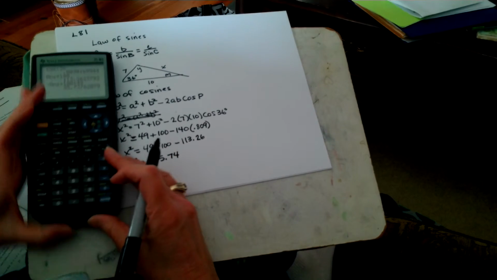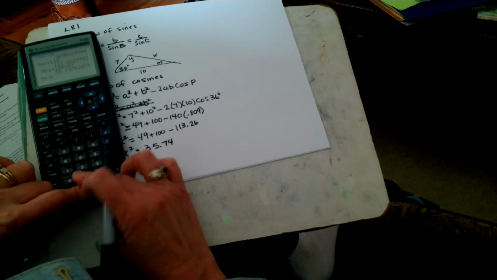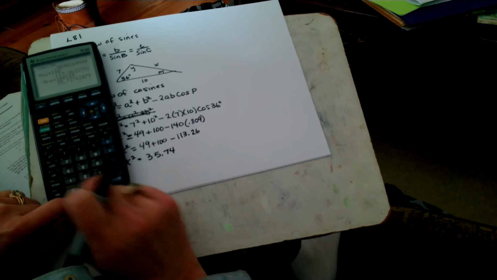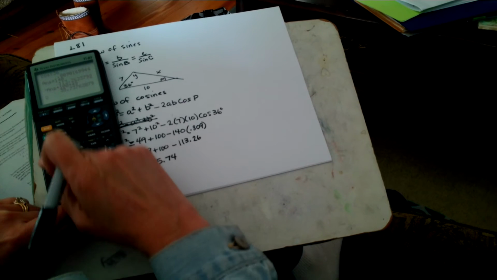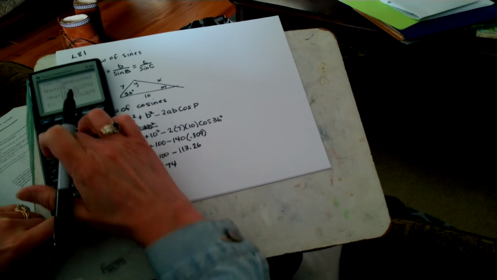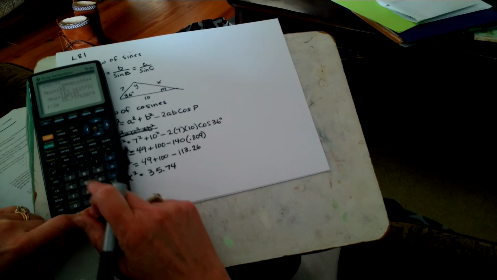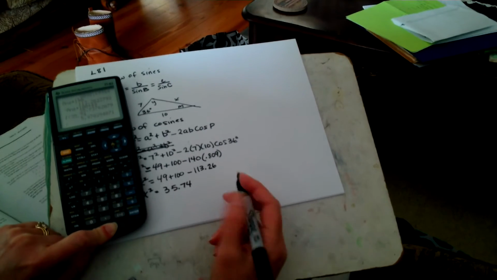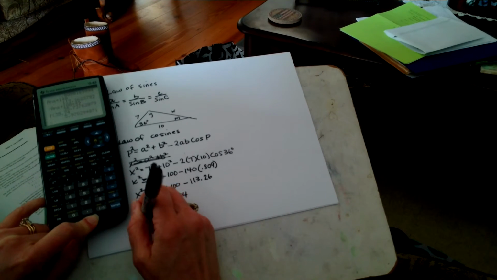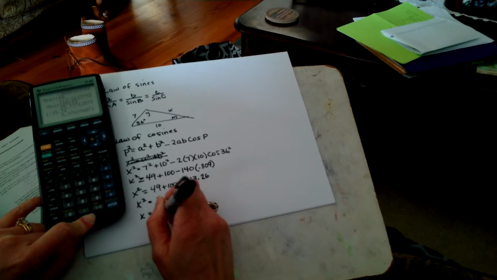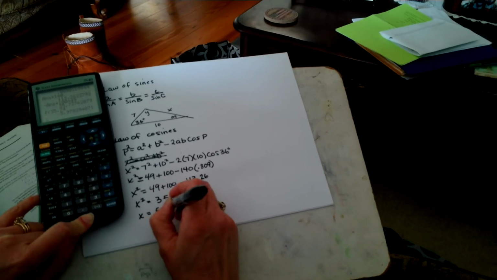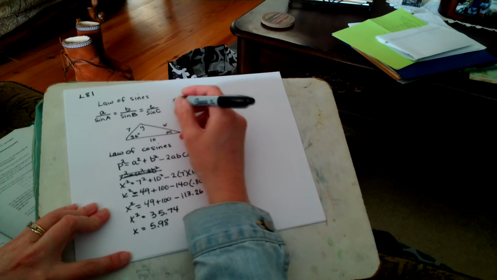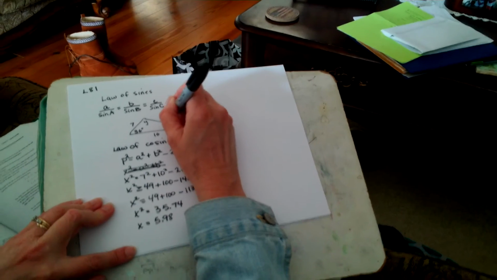So then I hit the second button and then x squared of 35.74. Enter. So that means x equals 5.98. So I now know that this side is 5.98.